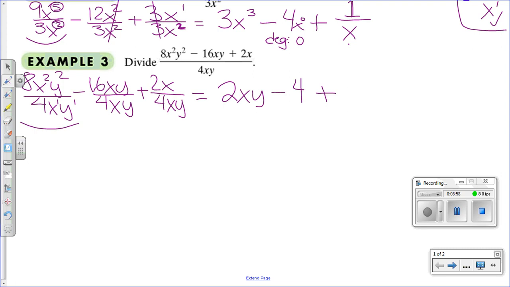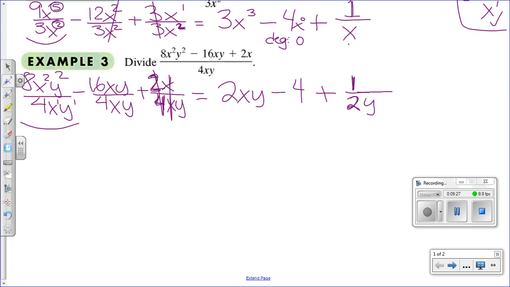So 2/4 is the same as 1/2. 2 divided by 2 is 1, and then 4 divided by 2 is 2. Now, what's happening to the x's here? They cancel, they equal 1. And I'm just going to leave my y down here. And that's it.